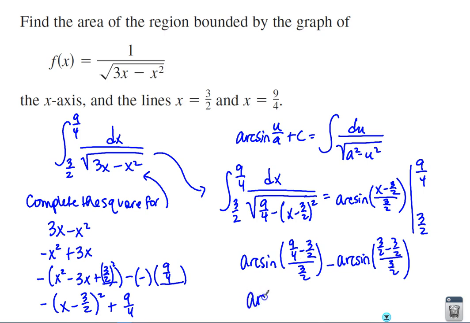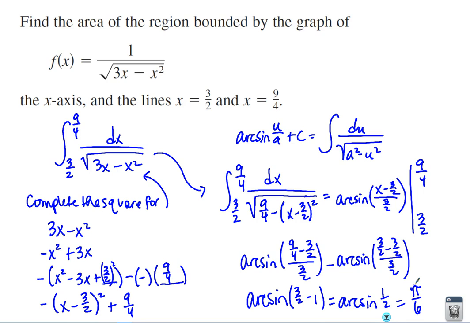I can go ahead and just reduce this. This is 9/4 over 3/2, which is 3/2, minus 1, because I just divided them both by 3/2. So then this is arc sine of 1/2, which, anyone remember arc sine of 1/2 is? Anyone? Pi over 6.